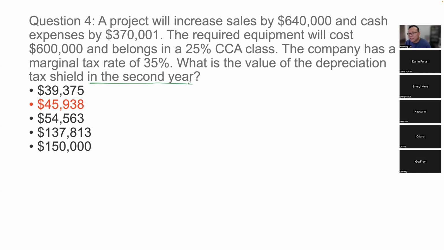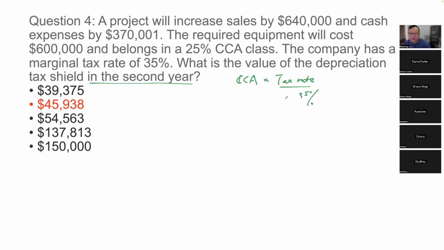Okay, in the second year. So what's the depreciation tax shield? The depreciation tax shield is the CCA times the tax rate. You know the tax rate, that's 35%.